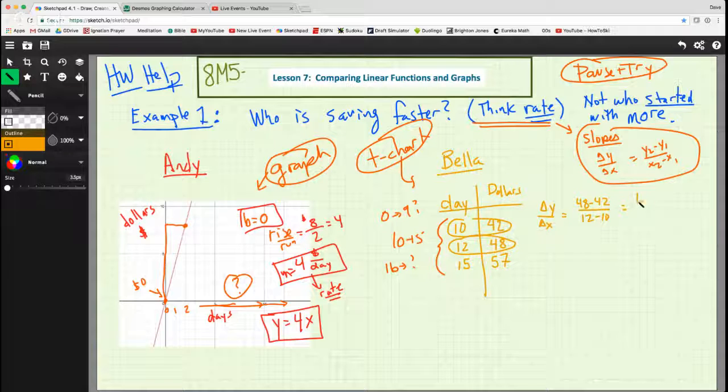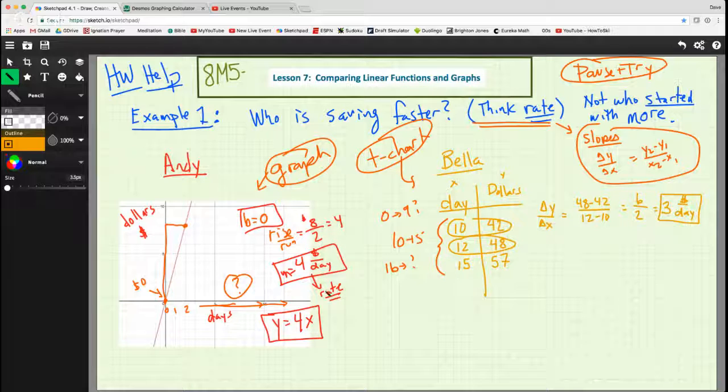So that's 6 over 2, or 3. And remember, our first column is x and our second is y. So our units are y over x, and so that's $3 per day. And that's our slope.